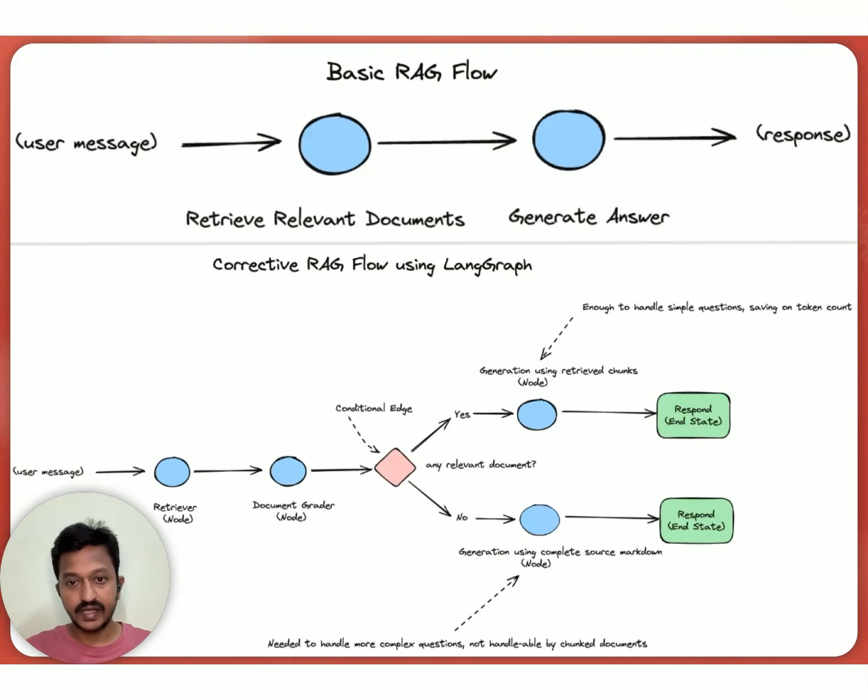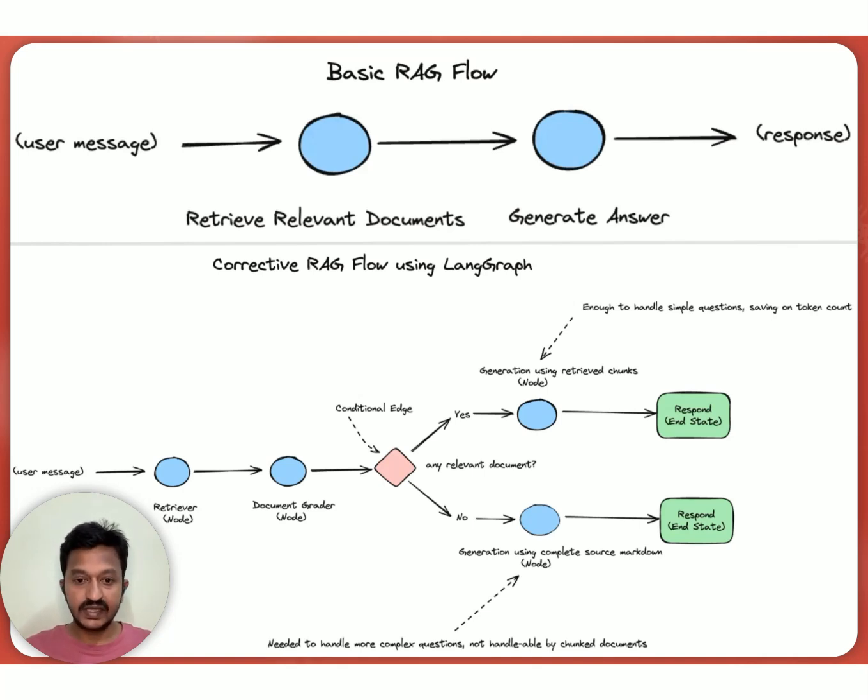Hey guys, so as you can see in the image here, there are two basic workflow images. The above one is the basic RAG flow, where for any user query, you might get a relevant answer or maybe not that contextually relevant response. Whereas in the corrective RAG flow using LangGraph, you are supposed to always get contextually relevant responses for any user query.